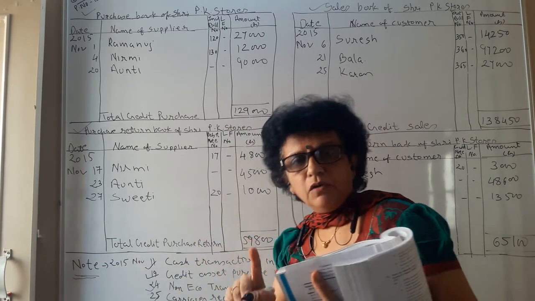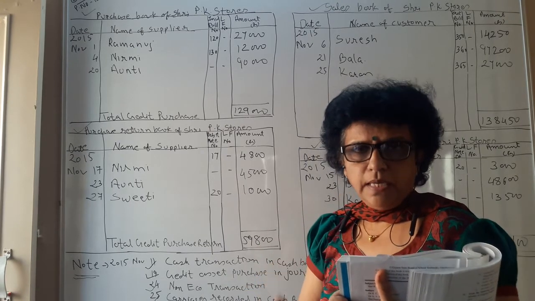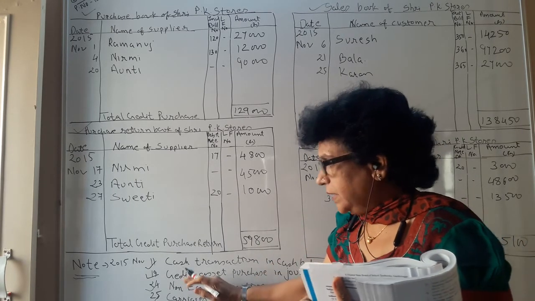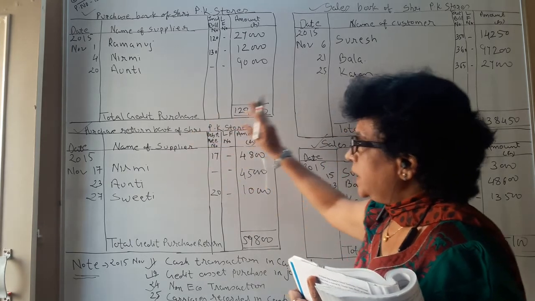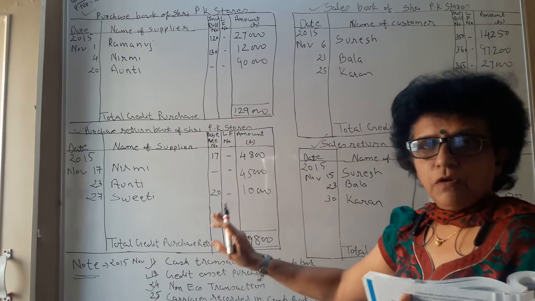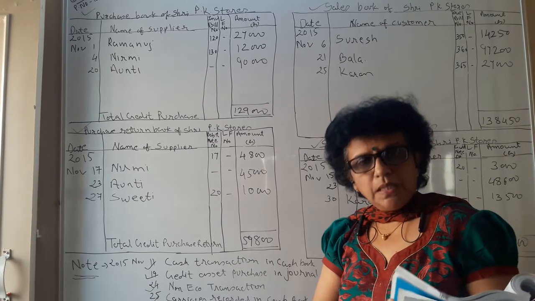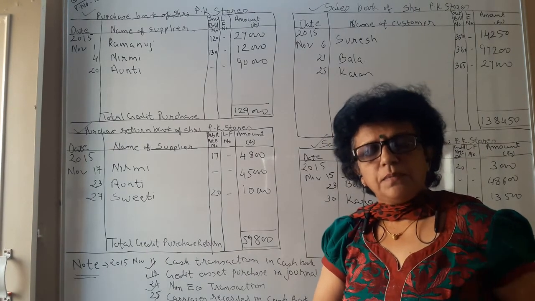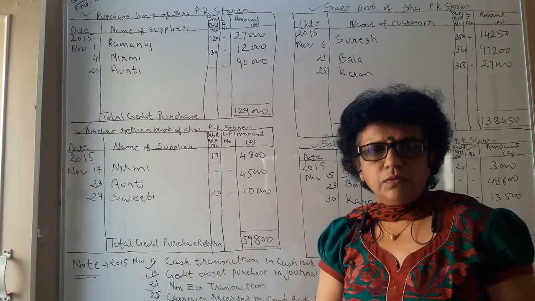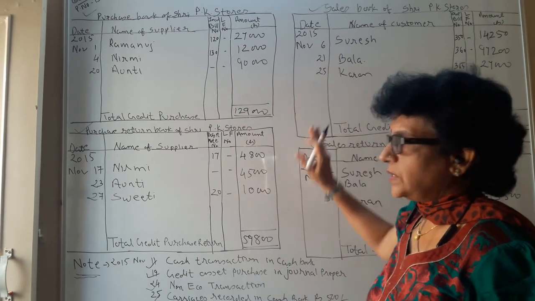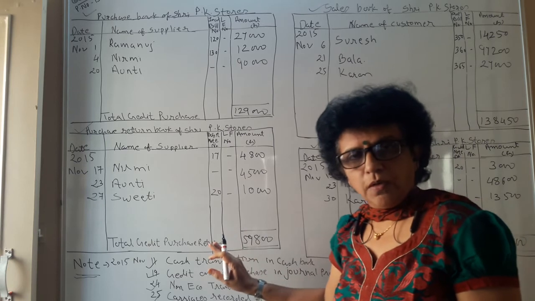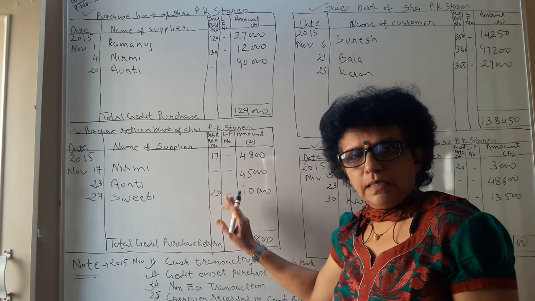Note is part of your answer, don't forget to write. If notes are not written, you may lose proportionate marks. Okay, so this way a full-fledged question on all subsidiary books may come in the exam. You have to be a little accurate and pay attention to identify the respective transaction for the respective book. I hope all your doubts are clear. Thank you.